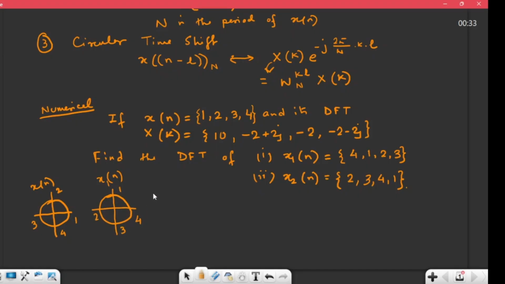So x1(n) is x(n minus 1); x(n) shifted by 1 division anti-clockwise is x1. To find the DFT of x1, we have to use the circular time shift property.